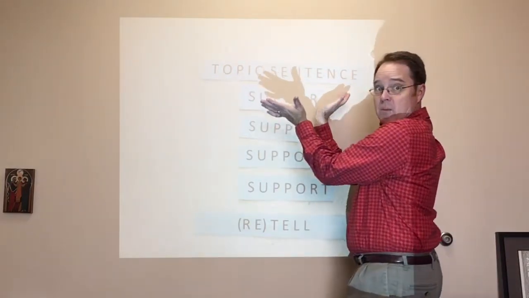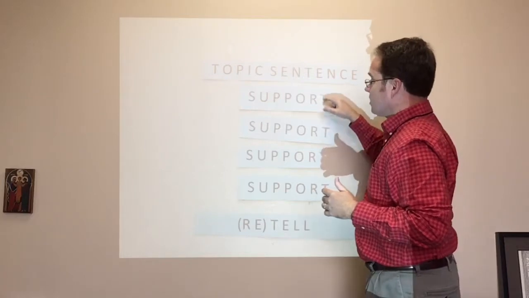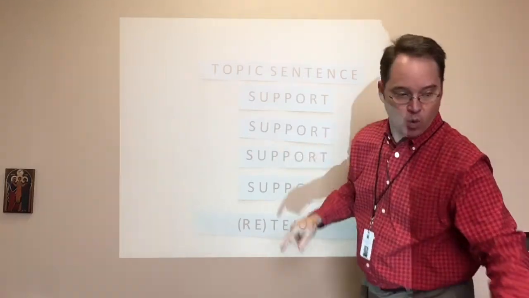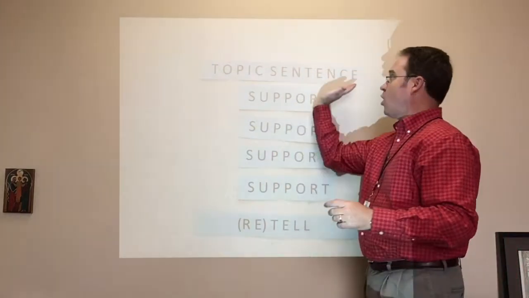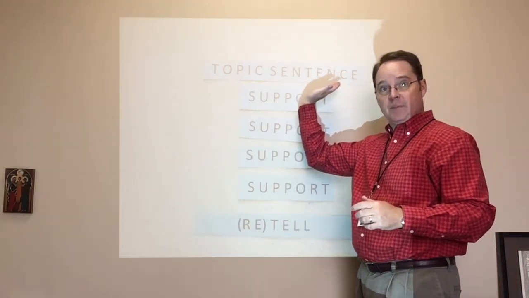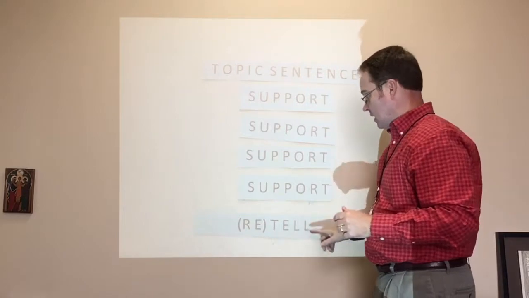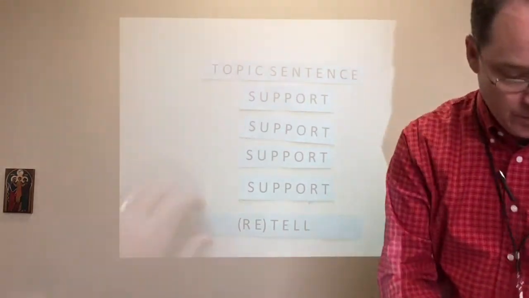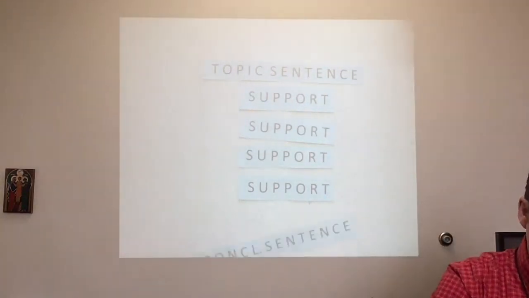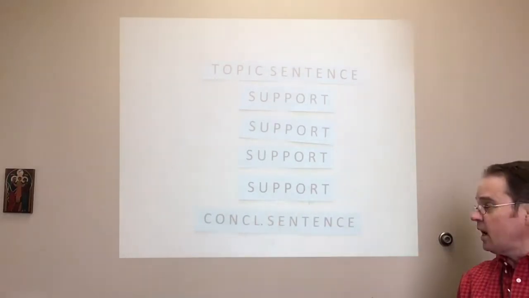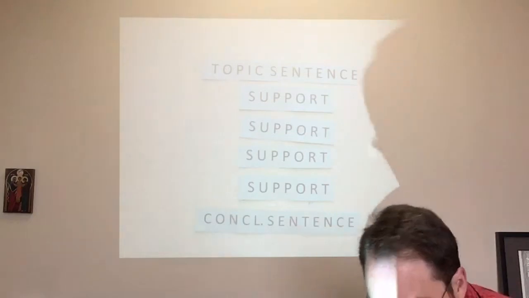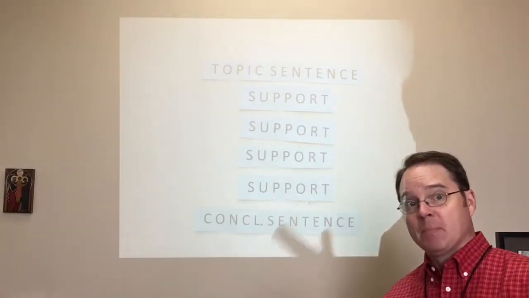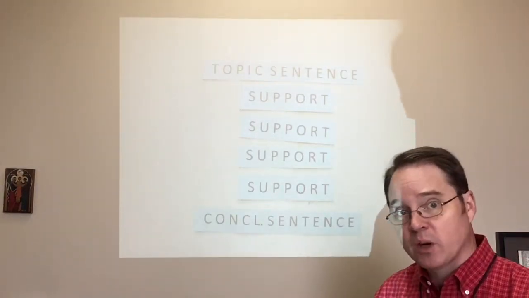These supporting show sentences hold up the topic sentence of that paragraph. And then at the bottom, what do we have? We have a concluding sentence. So again, this is the sandwich model, a nice hamburger, BLT, club sandwich, whatever your favorite is.